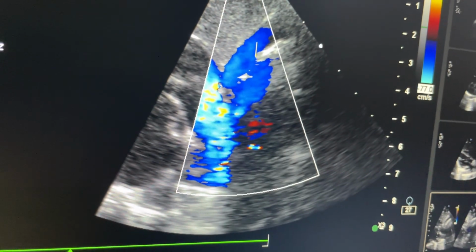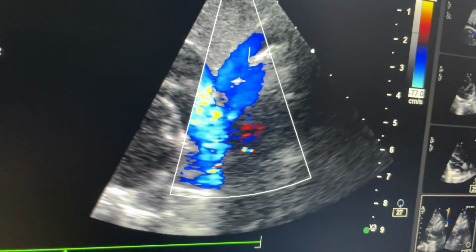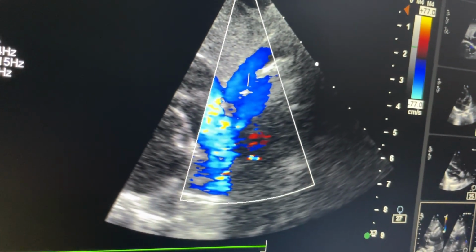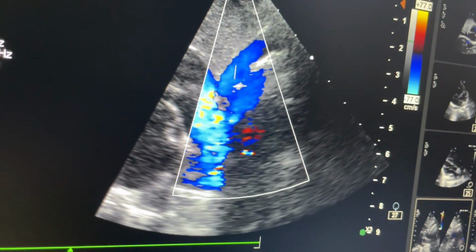atrium. So physiologically it is not abnormal, because left-sided vena cava also goes into right atrium finally, and the right side is also connecting with right atrium.